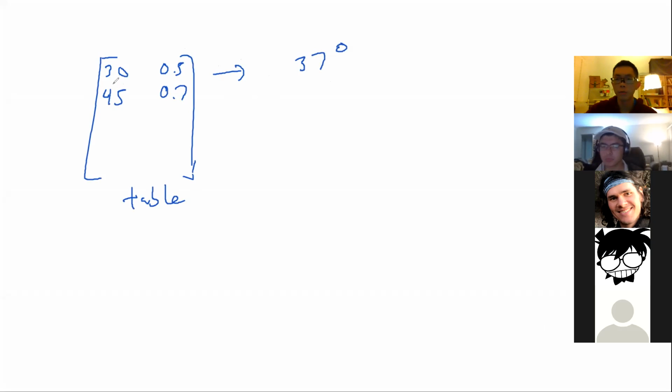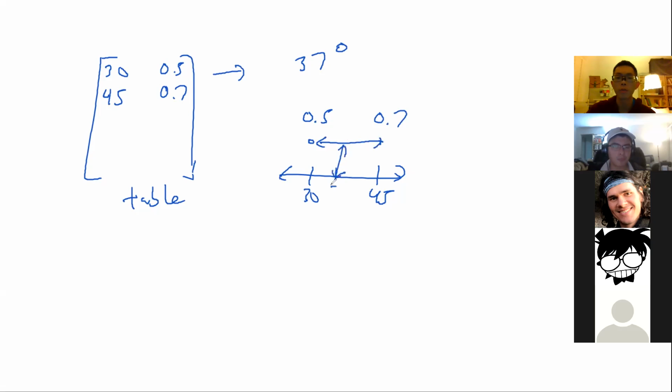That's not part of the table, so we'll need to linearly interpolate. Here's 30, here's 45, here's 0.5, here's 0.7. What's this middle value right here? 37, and this is the question mark. That's the idea behind interpolation, because this table's not going to give us the exact value.